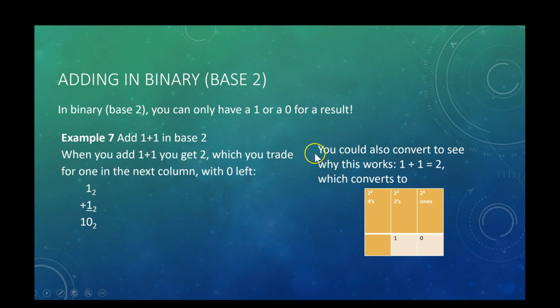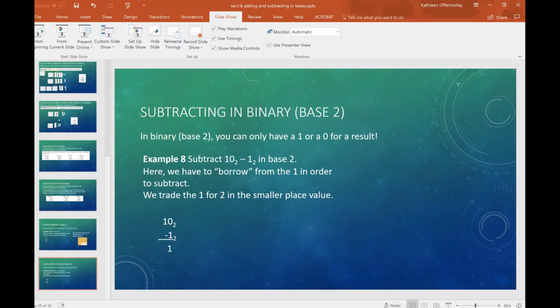In base 2. You can also imagine adding it in base 10. 1 and 1 is 2 in base 10, right? And then convert 2 into base 2, into binary. It's 1 in the 2's place and no 1s. When we subtract in base 2, remember we can still only have 1 or 0 for a result.